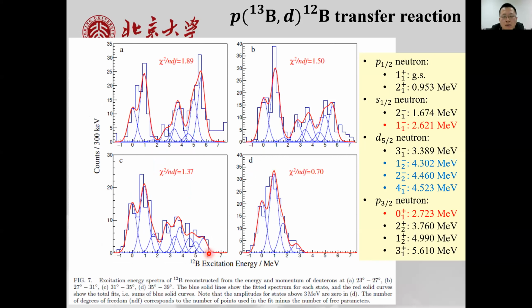Okay, then we fit the histogram point by point to obtain our differential cross section. This is for every 4 degrees at a point. The peaks we use here are just the same as the last one.